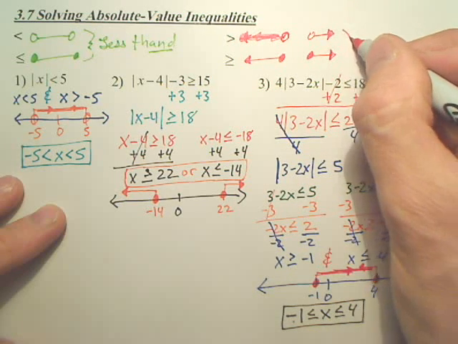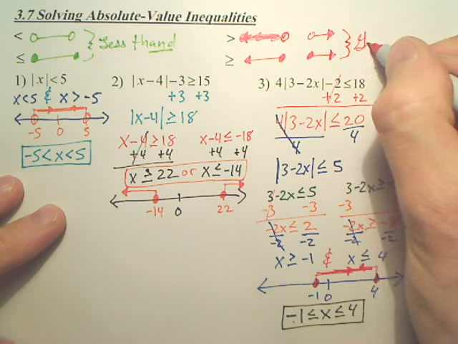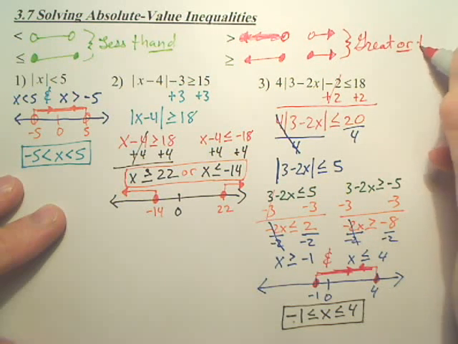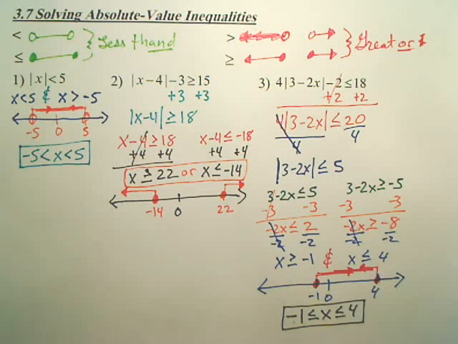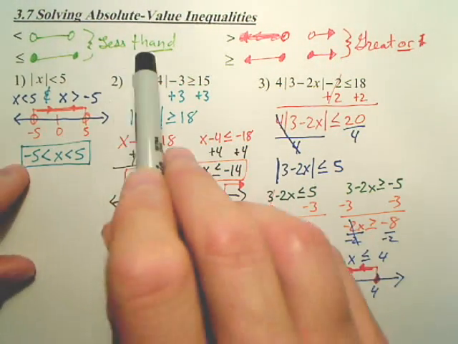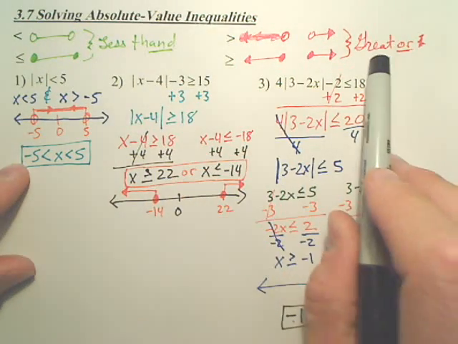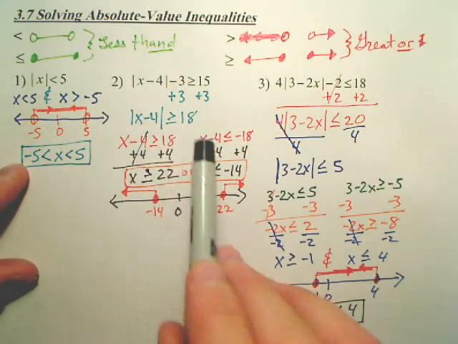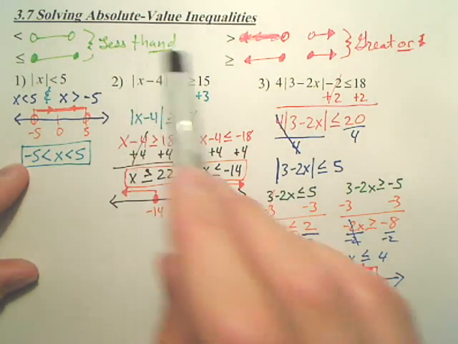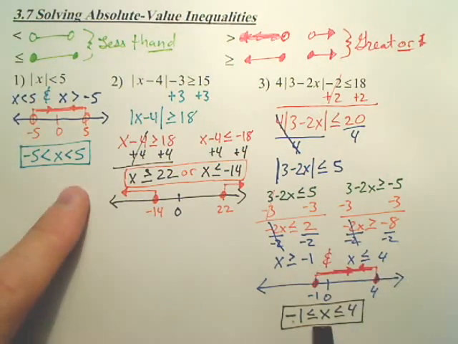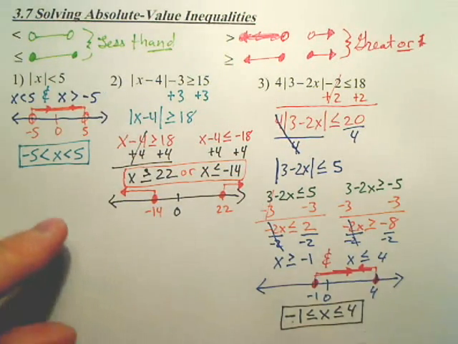This is greater. Now, look carefully, if the sign's a less than, it's an and. Less thans are ands. Greaters are or. See the greater in the beginning? See the greater? Is an or. Less thans, see the less than in the beginning for both these? Less thans were ands. Greaters are ors.